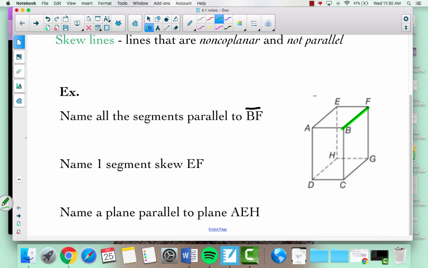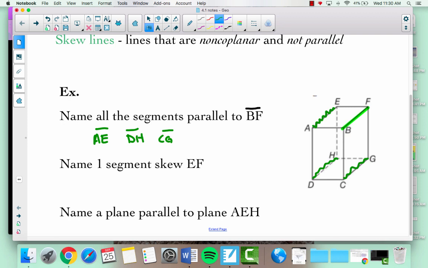So in this case, that's going to be this segment here, so segment AE, segment DH, and then segment CG. All right, so there are my three parallel segments, and then we're done.